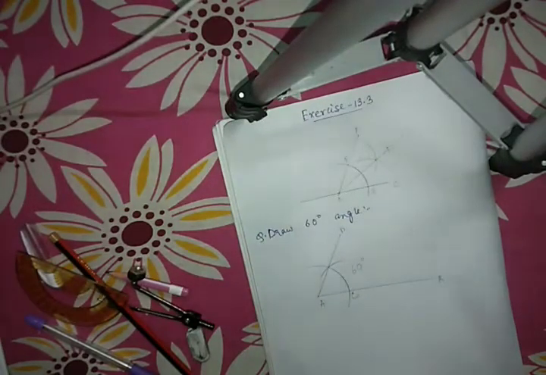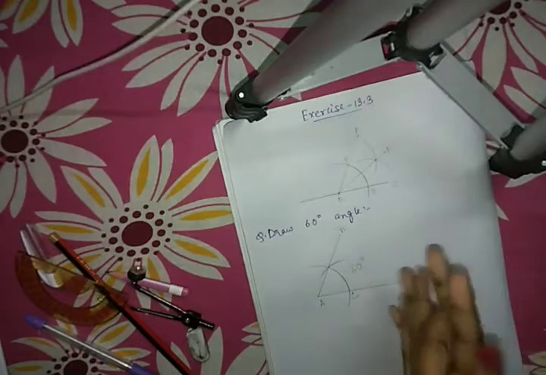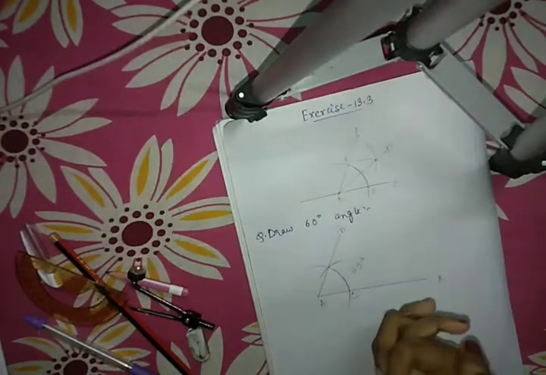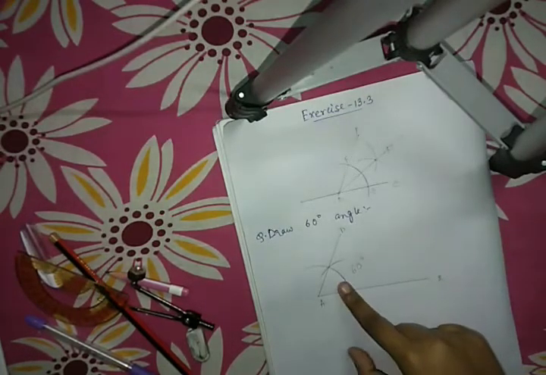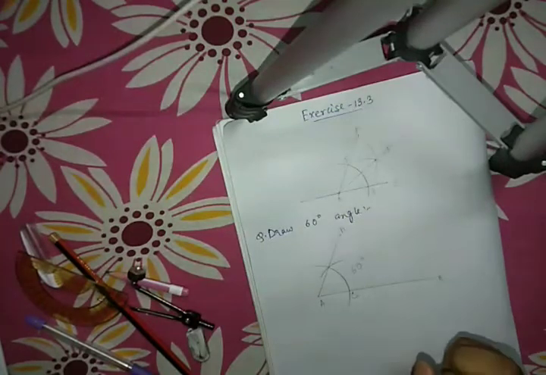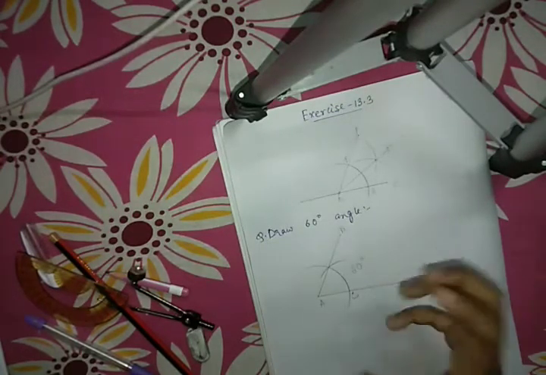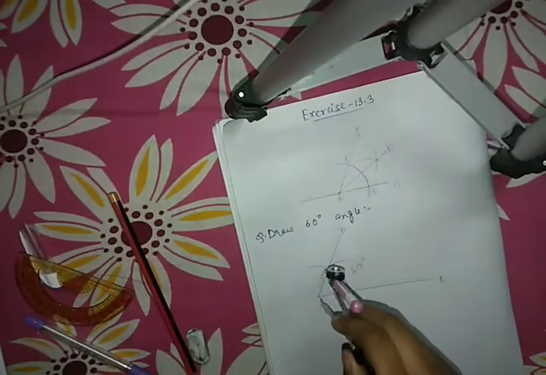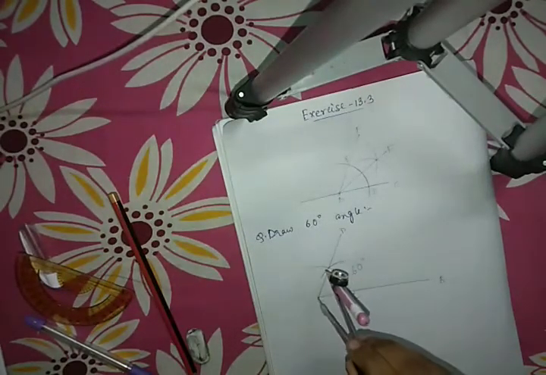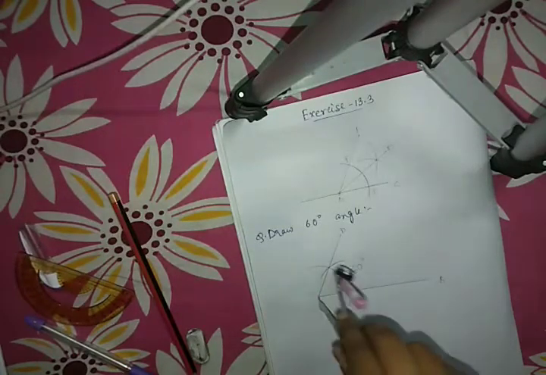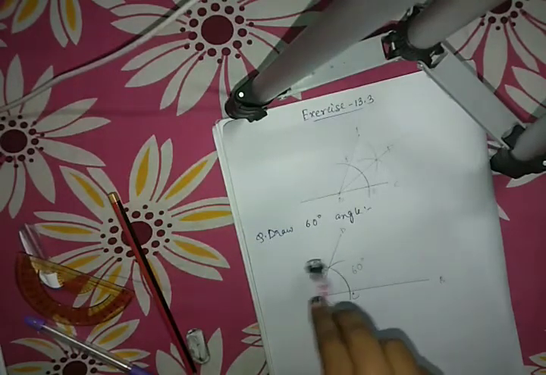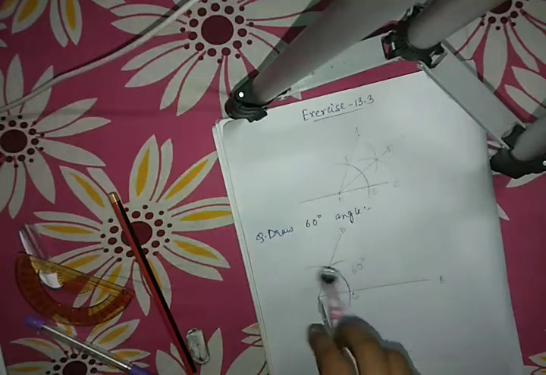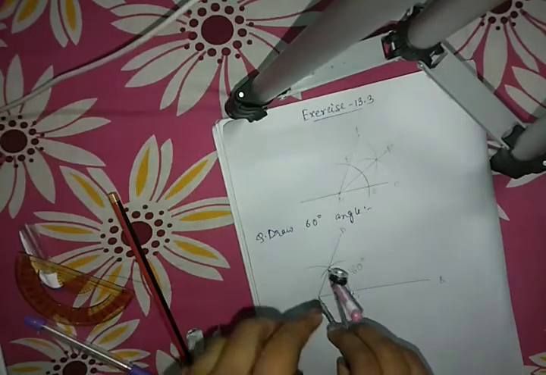Now how can we draw a 30-degree angle? You all know that 30 is half of 60. So by bisecting this 60-degree angle, we can draw a 30-degree angle. So how to bisect this angle? I have told you. You have to take any radius and draw an arc on this angle. I have already drawn an arc here, so I am not drawing another arc.